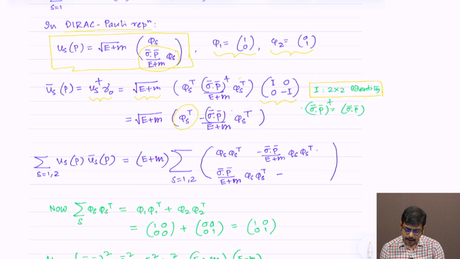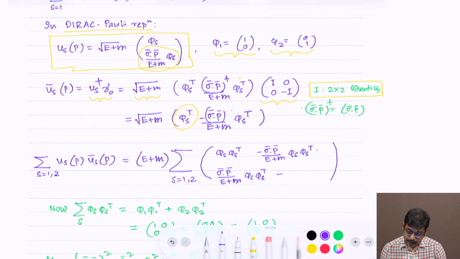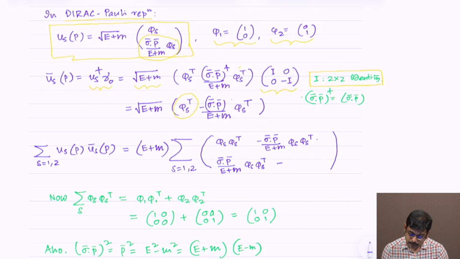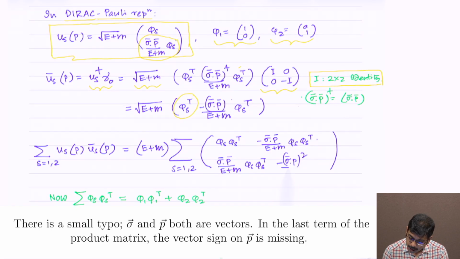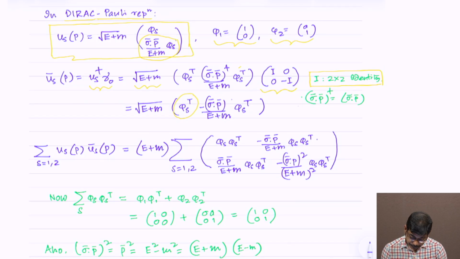And similarly, you take this second component and multiply with the last component, the second component of U_s bar, and that is going to give you minus sigma dot P whole square by E plus M whole square into phi_s into phi_s transpose, correct? So, this is exactly how the sum over s equal to 1, 2 of U_s U_s bar looks.